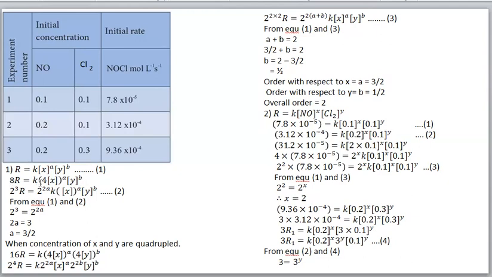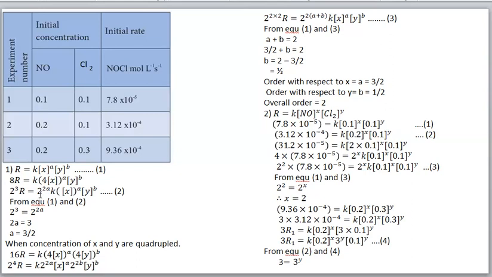Then this 4 we can change outside the bracket, or we can change to the beginning. Here the power A is common for 4 as well as the concentration of X. So we will get 4 to the power A. This value we can write at the beginning, 4 to the power A. Then again, keep in mind 4 is equal to 2 squared.